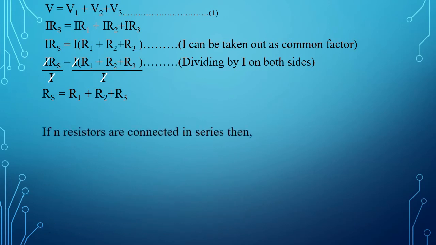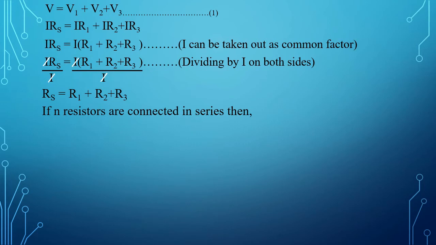Here, if n number of resistors are connected in series, then we get Rs is equal to R1 plus R2 plus R3 plus up to Rn.